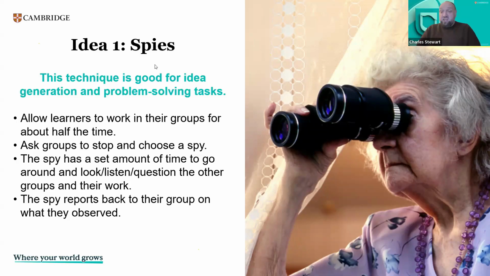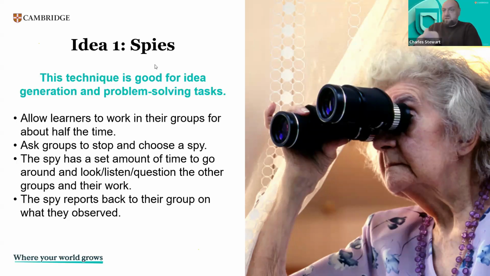Okay, spies, you have 30 seconds to stand up, quietly walk around the room, and spy on the other groups and see what they're working on. And I found a lot of times in doing this, if they're working, for example, on a gap fill together, there's inevitably one or two that's more difficult and they're not really sure.